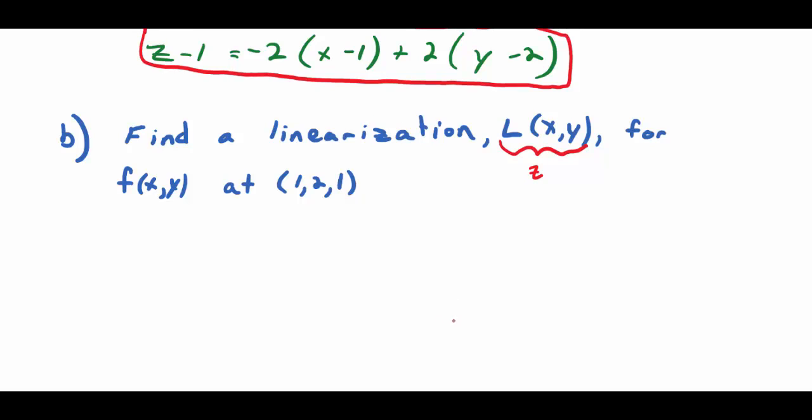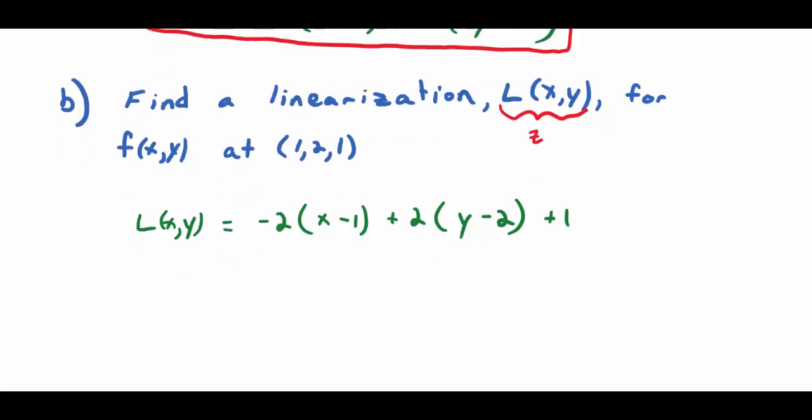Get z by itself. There's your linearization. So L of x, y is negative 2 times the quantity x minus 1, plus 2 times the quantity y minus 2, plus 1.